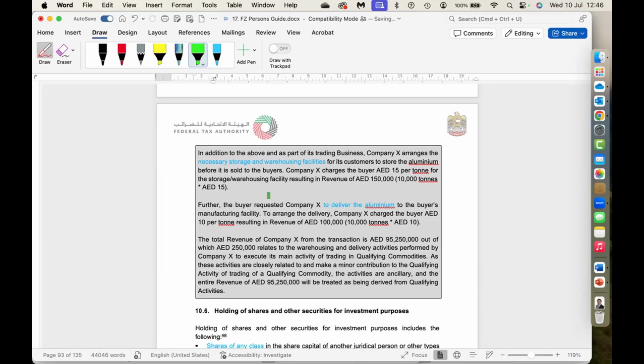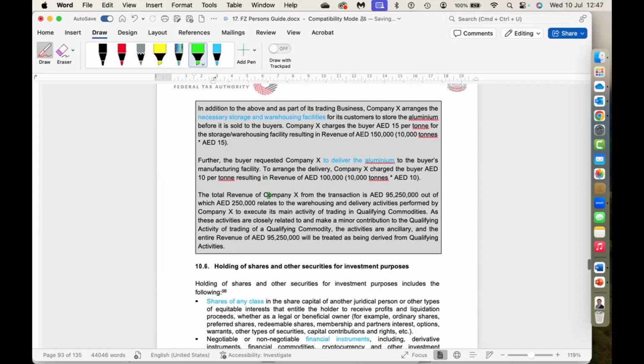Now they bought the aluminium, they will store it. Then they will provide the transportation, whether the Incoterm is DDP, DDU, or whatever has been agreed with them. They need to provide the transportation as well. Once they are providing the transportation and delivery, so selling, storage, delivery, buying, all these are qualifying activities. The total revenue of company X from the transaction is 95.25 million, out of which 250,000 relates to warehousing and delivery activities.